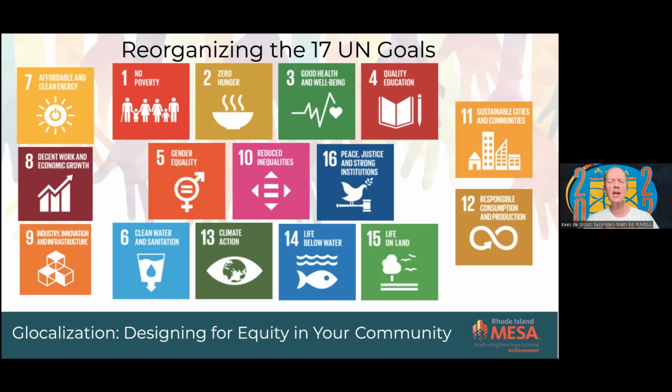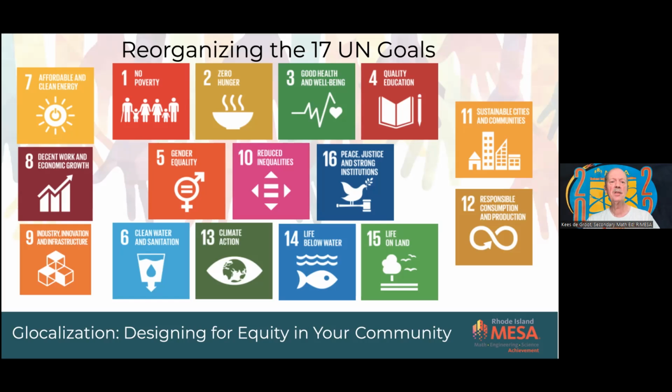Then below that, clean water and sanitation, climate action, life below water, and life on land. That also seems to be a very urgent cluster of goals. I'm originally from Europe, and I follow the news in Europe, and they're going through the hottest June on record all over Europe. They have a lot of trouble.